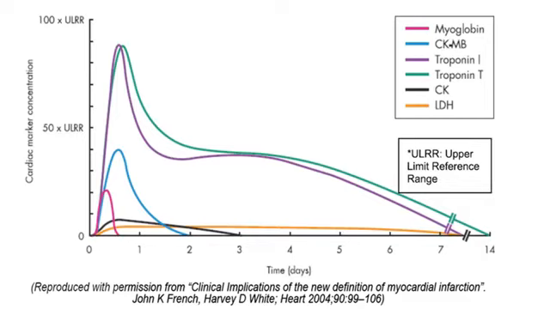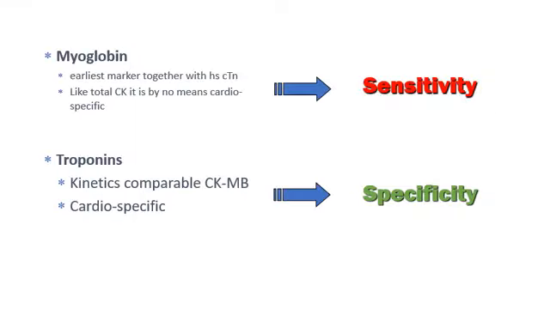This graph simplifies how the changes happen. I just mentioned the enzymes here for your interest, just for your knowledge, but we still keep the use of only these 4 markers. So the earliest marker will be myoglobin, together with the new one that has appeared these days, high sensitive troponin.